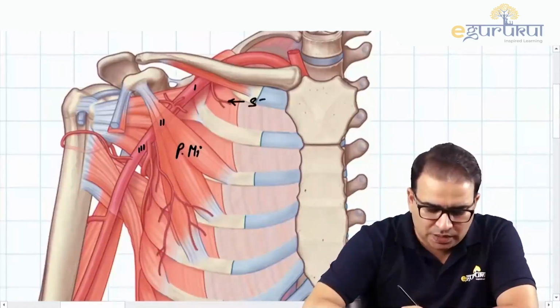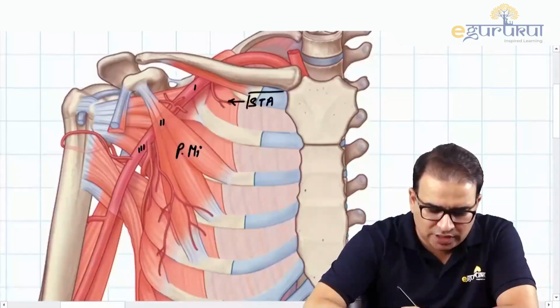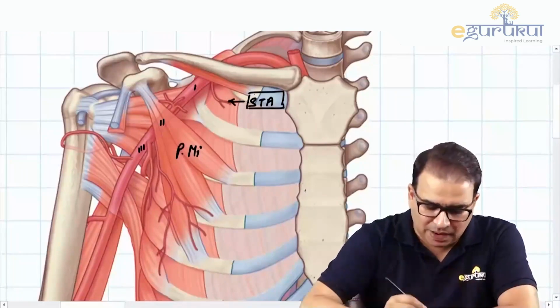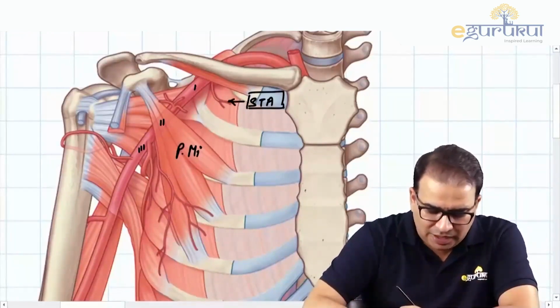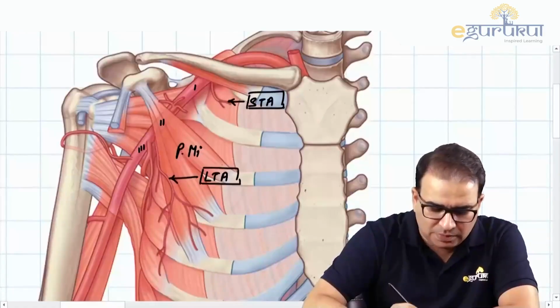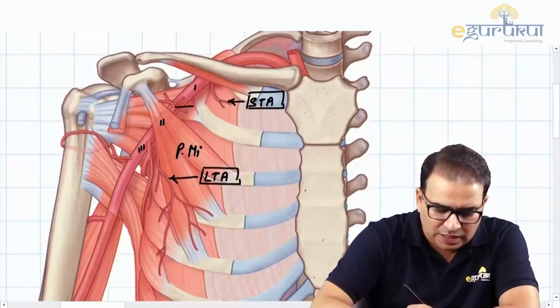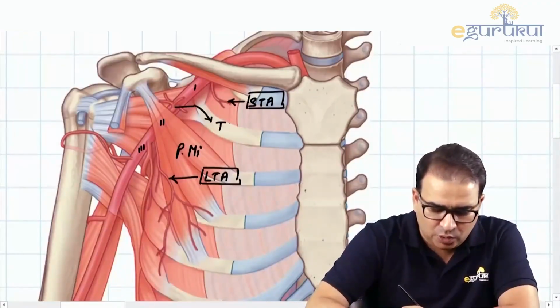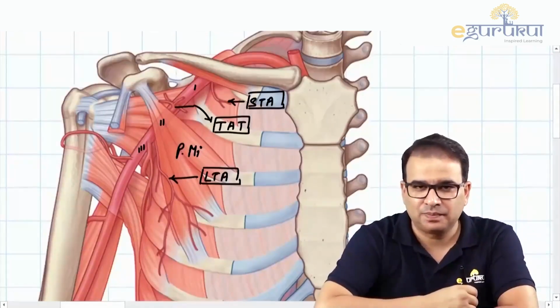You can see from the first part, very much in the beginning only, the artery coming out here is the superior thoracic artery. I'm just writing everything in short here. From the second part, as you can see, an artery coming along the lower border of pectoralis minor. This is lateral thoracic artery, and the one that you see which is emerging at the upper border, and you can see dividing into 4 branches also, that is the thoracoacromial trunk.